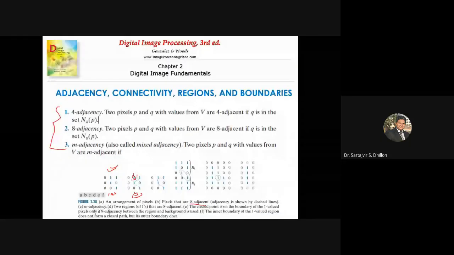Now, if we are considering this one, then one is to the right of this one, and the same pixel is at the bottom of this particular pixel. So there are two pixels very near to or adjacent to this particular pixel.